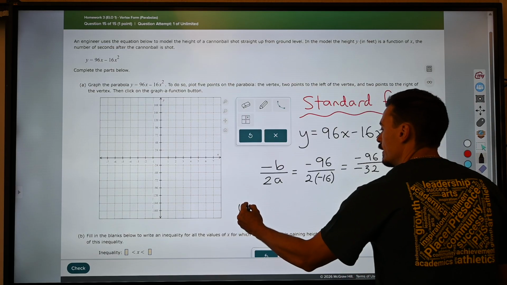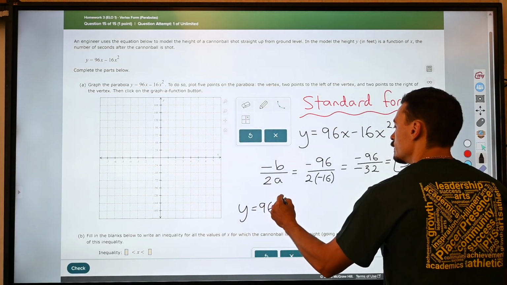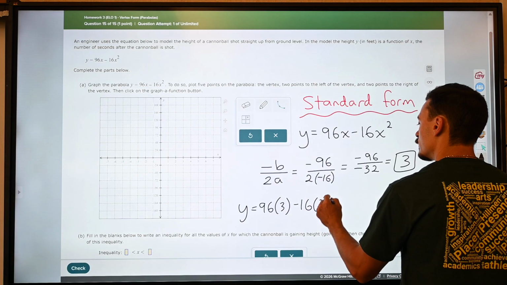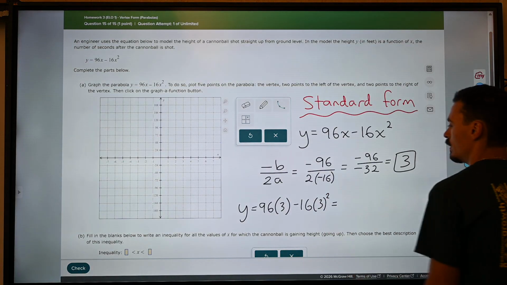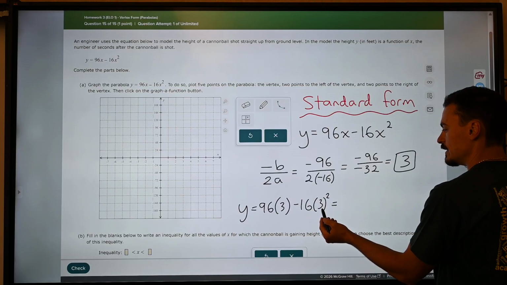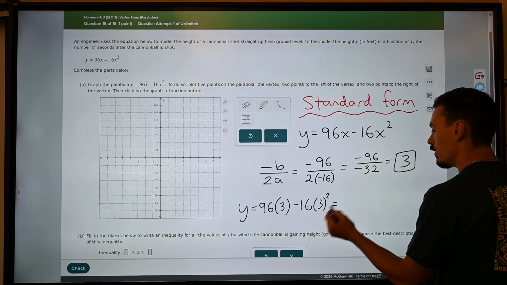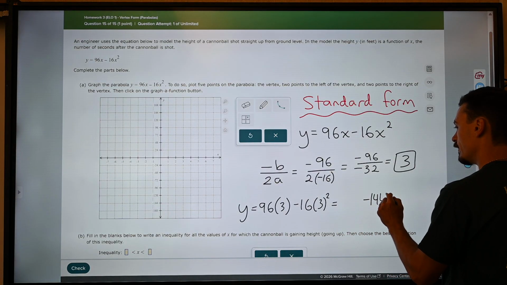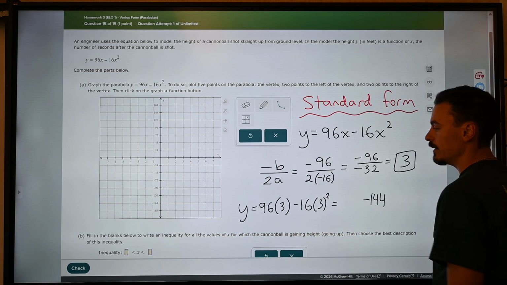We plug that back into the equation. Oh boy, this is going to be a big one. 9 times negative 16 would be negative 144. And here we have 96 times 3. Oh boy.